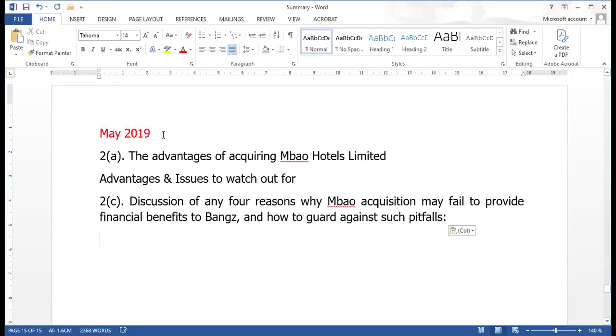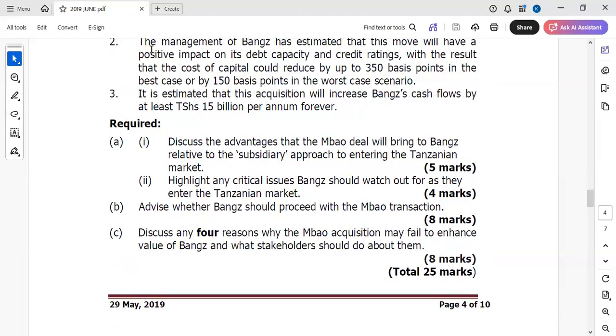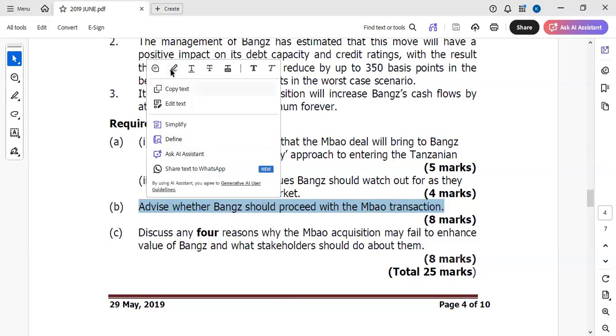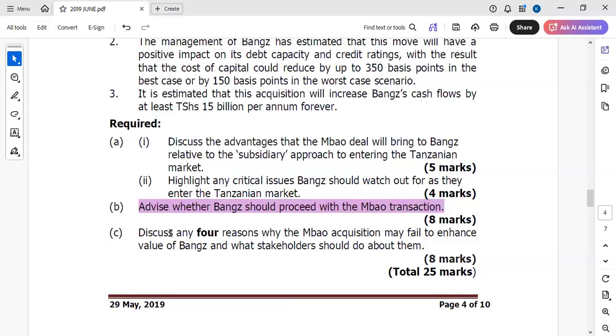Okay, so let's look at another question. You see the reason why I want the theory not to be taken for granted: you have over 20 marks. Advise whether Baganzi should proceed with the Mbayo transaction. So here you need to do the computation, which we are not going to do now.